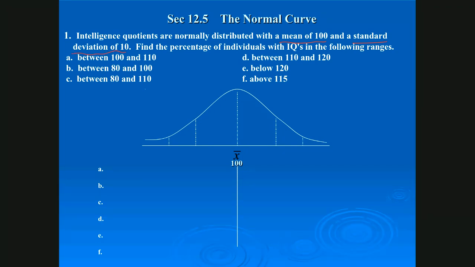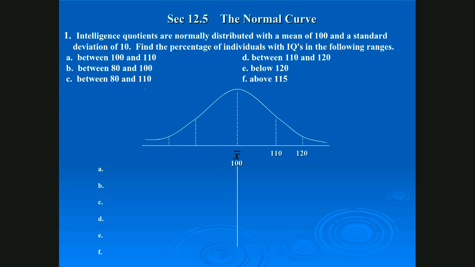So if we go 1 standard deviation above the mean, we're at 110 because we're told the standard deviation is 10. If we go another standard deviation to the right, we would be at 120.